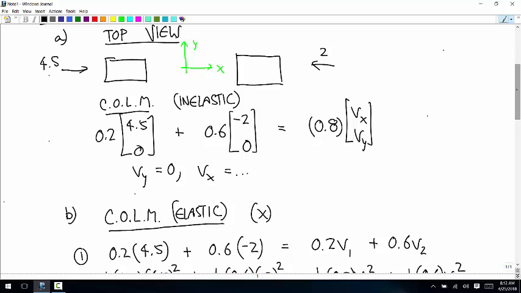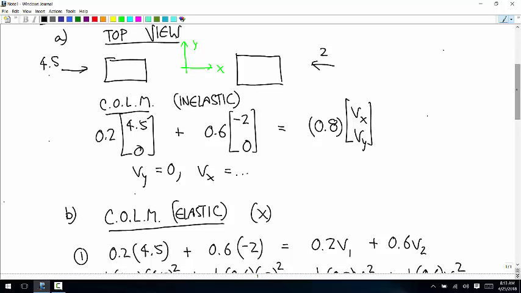It could still go this way, or it could trickle this way a little bit, but you know that it's going to bounce back. If it bounces back, the speed is going to be less than 2. And this one is going to bounce back faster than it came in, because it's going to get some of the momentum going that way.